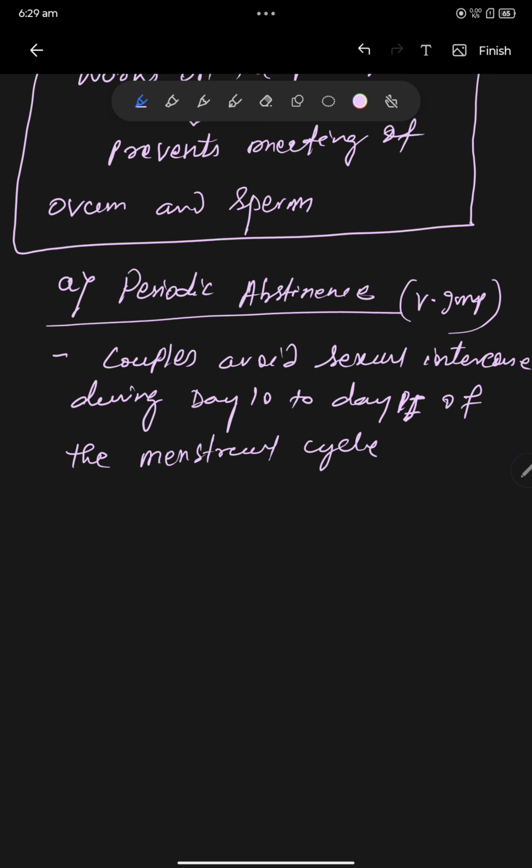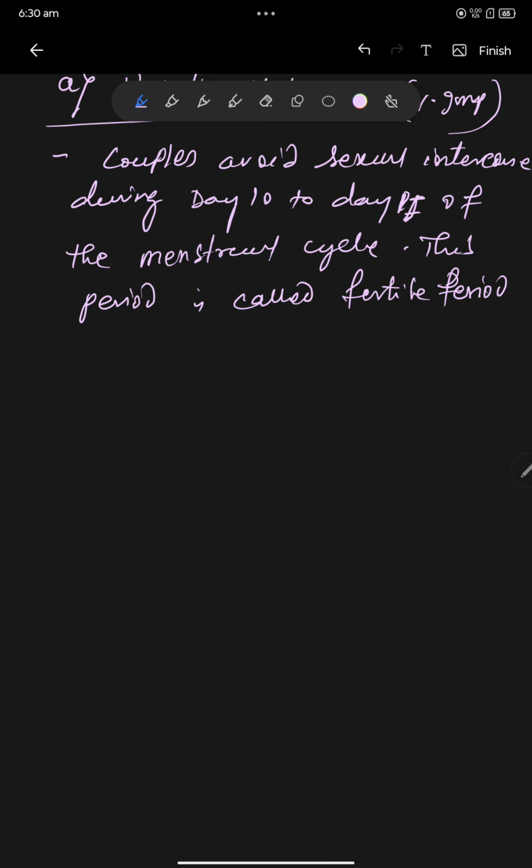This period is called the fertile period. It means during this period there is a chance of meeting of ovum and sperm at the ampullar region of the oviduct. Why is it known as the fertile period?